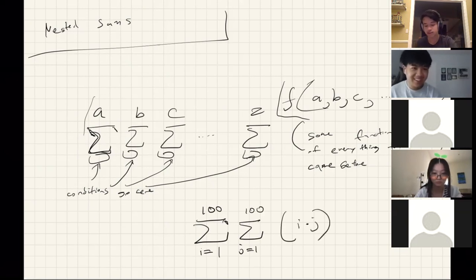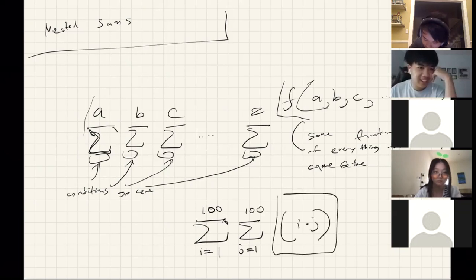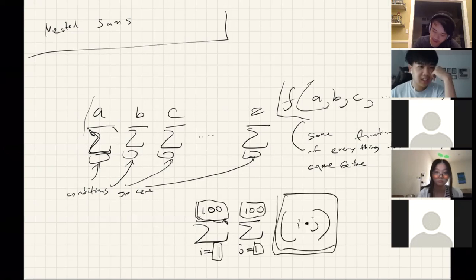So in this case, it would be the sum of the quantity i times j evaluated over all integers i and all integers j that satisfy the condition of being between 1 and 100 for i, and also being between 1 and 100 for j. So you're essentially summing this quantity over multiple variables that each satisfy their own individual constraints.